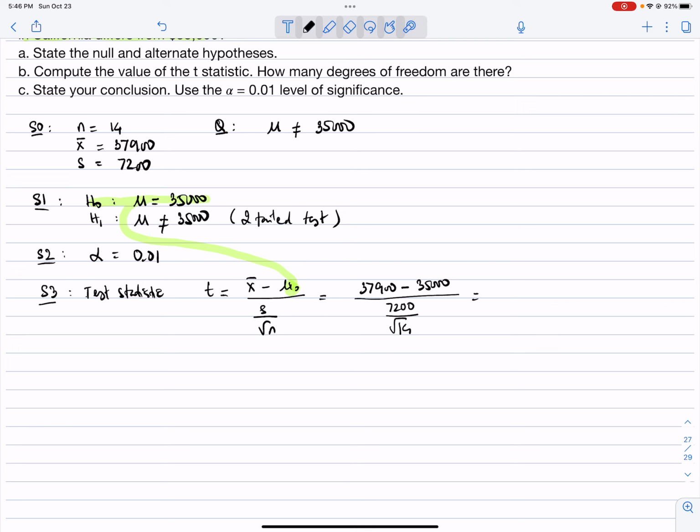So we calculate this number. On the top is 2,900. So 2,900, and we divide it by 7,200 multiplied by square root of 14.